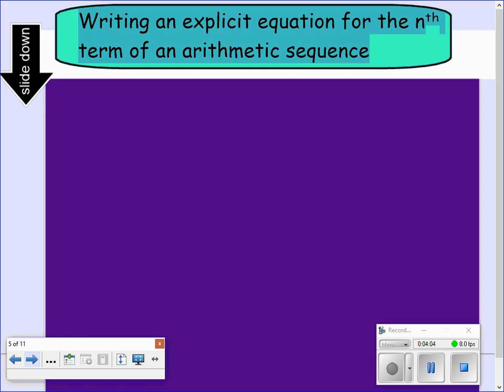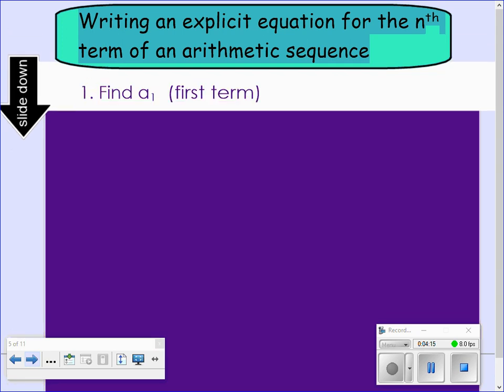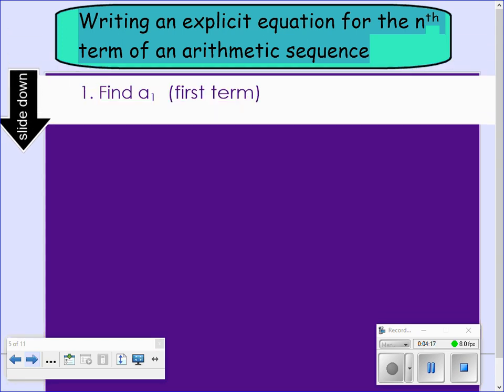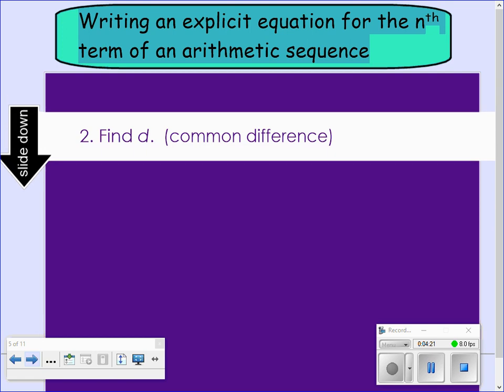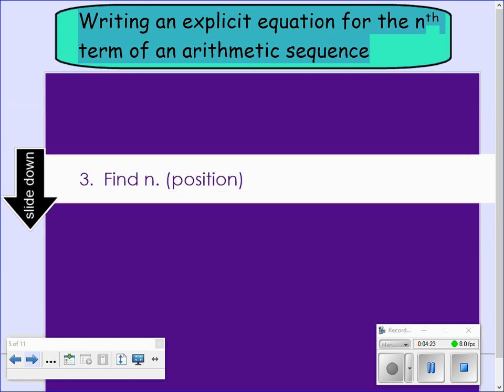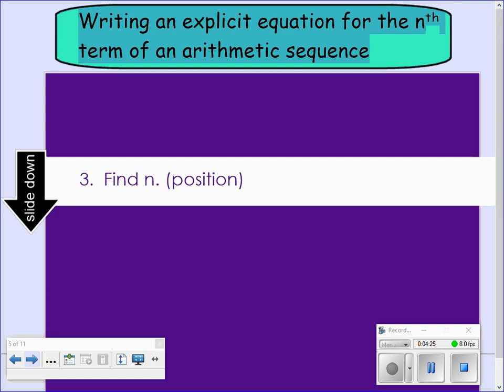Okay, so let's review a couple things when we're writing an explicit formula for the nth term of a sequence. First thing that you're going to do is find the first term, a sub 1. Then you're going to find the common difference, d. Then you're going to identify what position you're looking for. Are you looking for the 99th term?